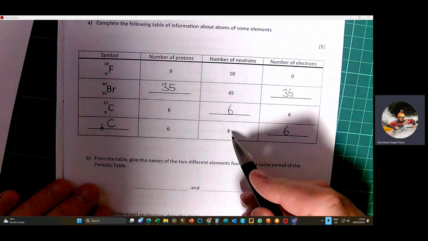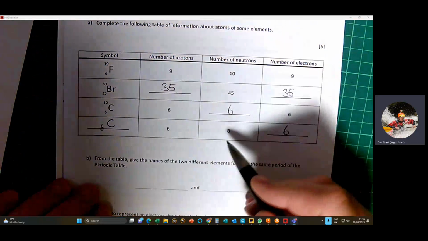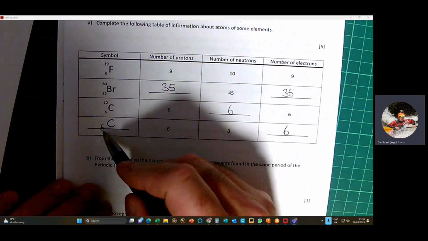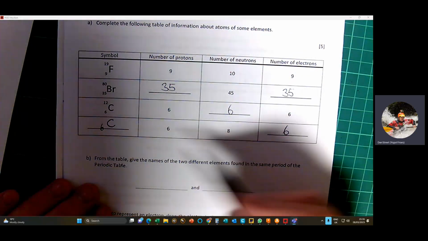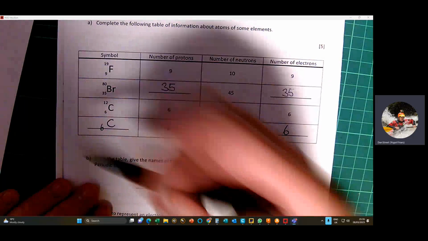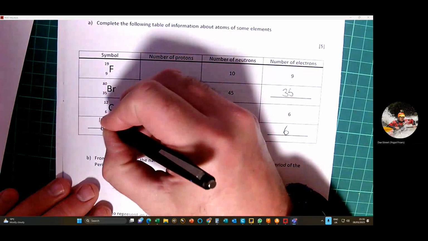Now what we do need to be careful of is the atomic mass, because actually this is an isotope of carbon. That means it's got the same atomic number but a different mass, because 6 and 8 is not 12, it's 14.